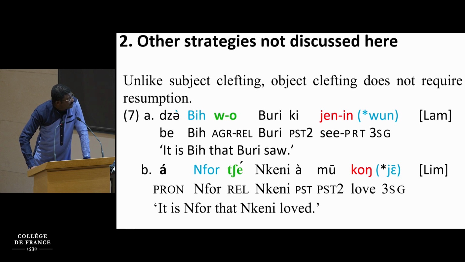So as you can see there, if you focus the direct object, it is the house that Buri saw. You have the copula, you have the focus, then the relative marker which agrees in noun class with the focus element. But you don't need a resumptive. So the same thing goes with Limbum in B.